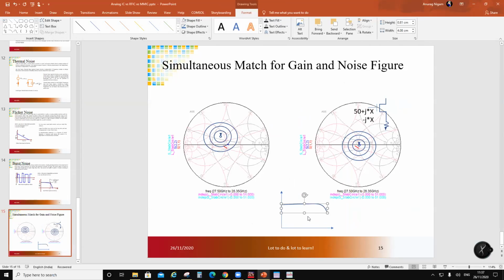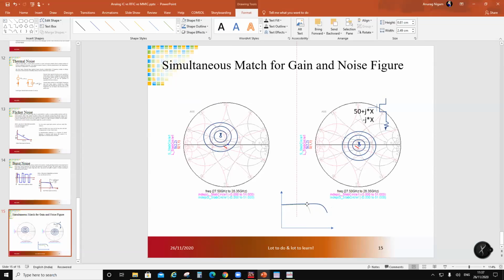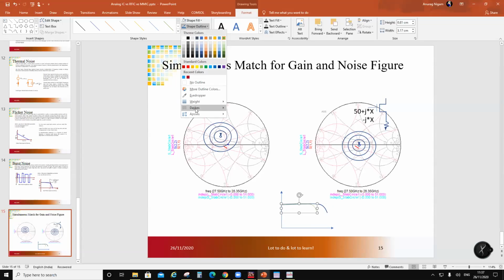And later I did this. I compressed much earlier. So you understand that I had a price to pay. Nothing comes for free. So this is what happened.